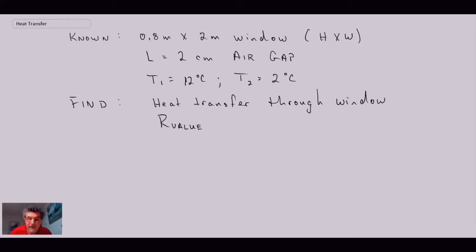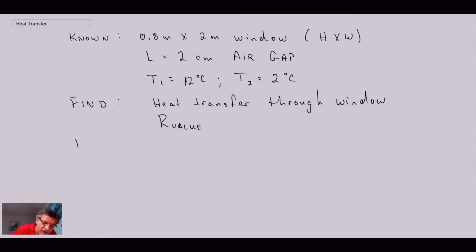Okay, so to begin this problem, we're going to get the properties. For this, we're going to be using one of the correlations for natural convection in vertical cavities, and for those, the properties are evaluated at the average temperature.